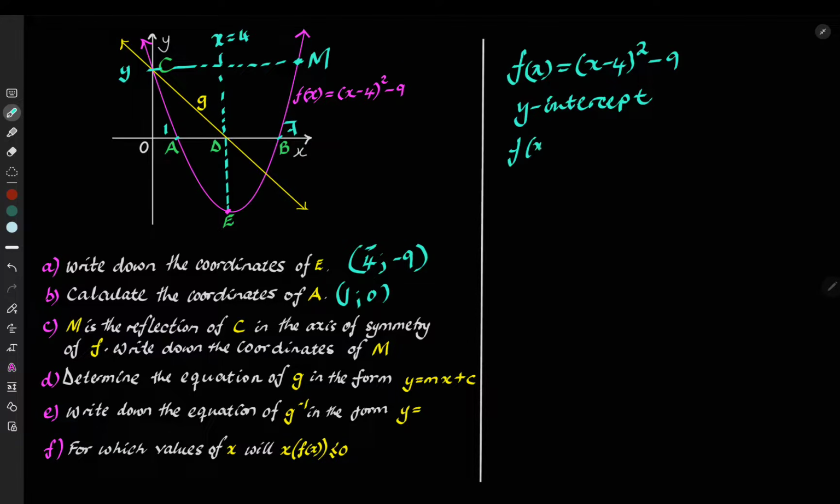So f of x will be equal to, so x is equal to 0, f of x will be equal to 0 minus 4 bracket squared minus 9, and that gives us 16 minus 9, and that will be equal to 7. So the value of y here is equal to 7. Now, once we get the value of y as 7 here, we can actually determine what the x coordinate of this point will be using this line x is equal to 4.